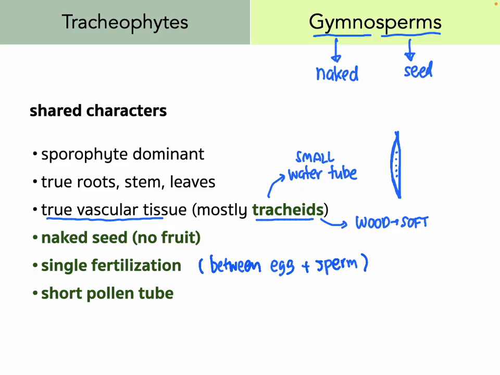So just between egg and sperm, that's it, done. And they have short pollen tubes. We'll talk about pollen tubes a bit later, but they all do the same thing. The pollen can get to the egg very quickly, and we'll have to look at the life cycle a bit later. It's a bit more complicated, but we can do this. So these are the overall characteristics of gymnosperms. But if you don't remember anything, just remember this: naked seed, no fruit.